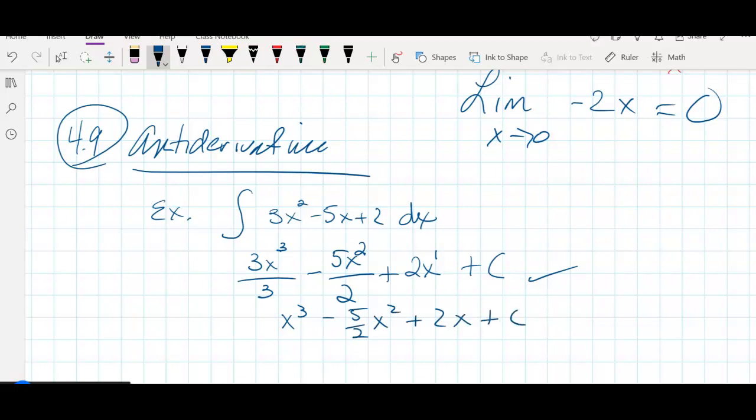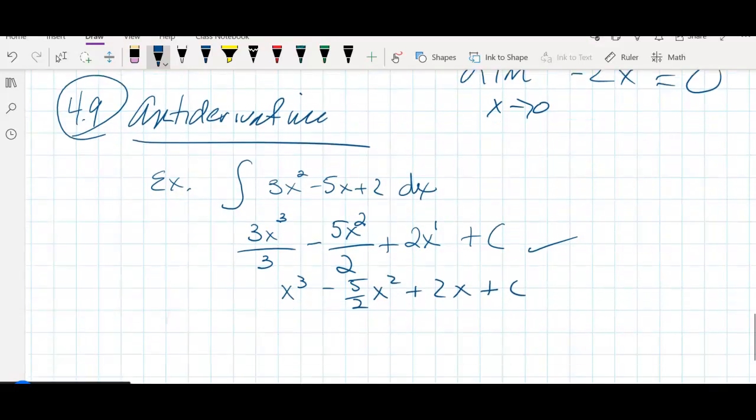At this point in your life, do not leave a 3 over a 3. We can eliminate the 3s, right? We can do that much. If I give you more information, you can figure out what that constant is.